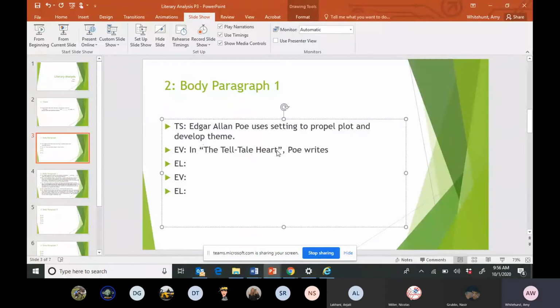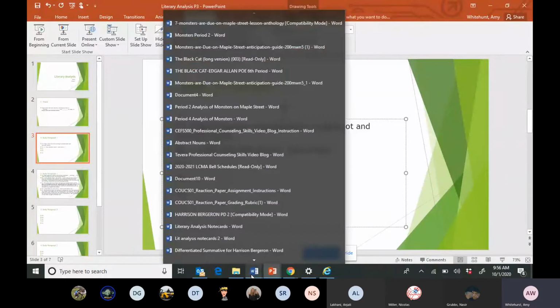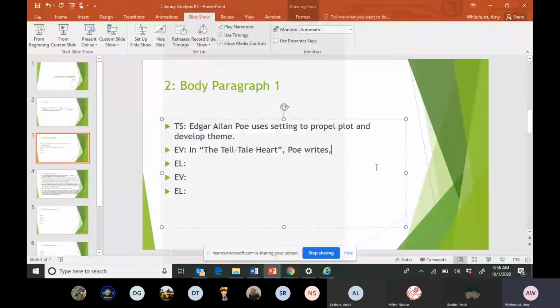Poe writes, and then if you had your copy of The Telltale Heart pulled up, you would be able to copy and paste directly from there. I have the physical paper in front of me, so that's why it's a little different for me.